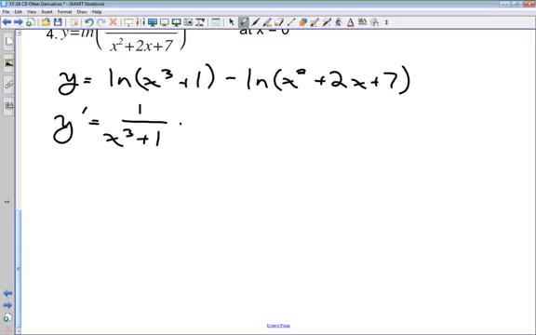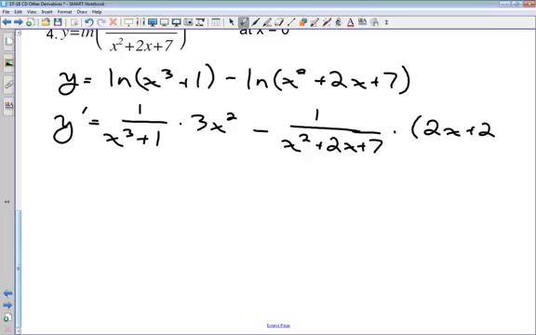So the derivative of x cubed plus 1 is 3x squared. And then I'm going to subtract the derivative of the second ln function, 1 over (x squared plus 2x plus 7), multiplied by, again, I'm using the chain rule, so I have to multiply by the derivative of that inner function, which is going to be 2x plus 2.